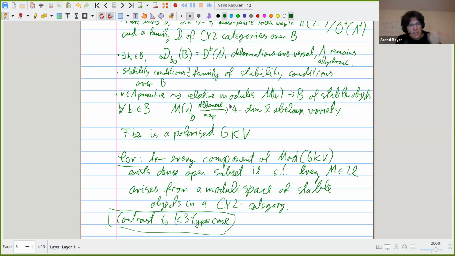But if you want each Hyperkaehler to arise as a moduli space of objects in something, then the only way we know how to do this over a 20-dimensional space is to use cubic fourfolds or Gushel-Mukai fourfolds. That gives you infinitely many examples, but in every dimension it only gives a finite number at most of deformation types of polarization types. And so certainly you're missing most of the polarization types of K3 type Hyperkaehlers in those constructions.